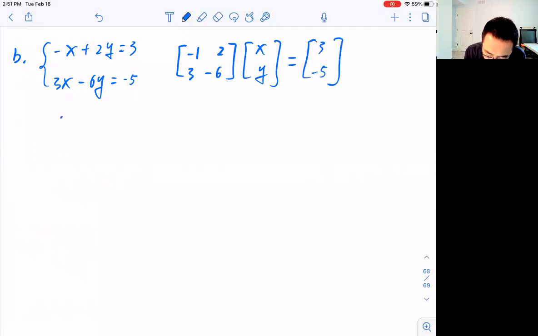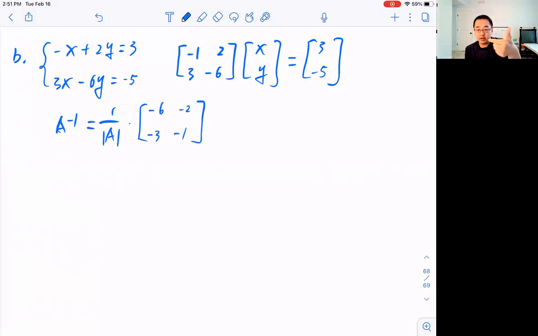And then we need to find A inverse, which is 1 over the determinant of A times [-6, -2; -3, -1], again just switching the main diagonal elements and turning the off-diagonal elements negative. So we need to find the determinant, which is -1 times -6 minus 3 times 2.